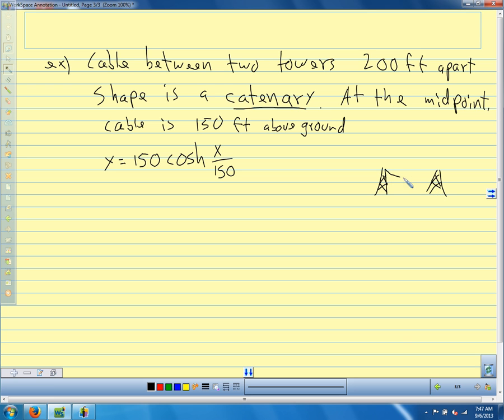Here's my cable hanging between these towers. We're going to put our y-axis right here in the middle. Put this end at positive 100, this end at negative 100, and then here in the middle y equals 150. So that's a quick sketch of what we're talking about.